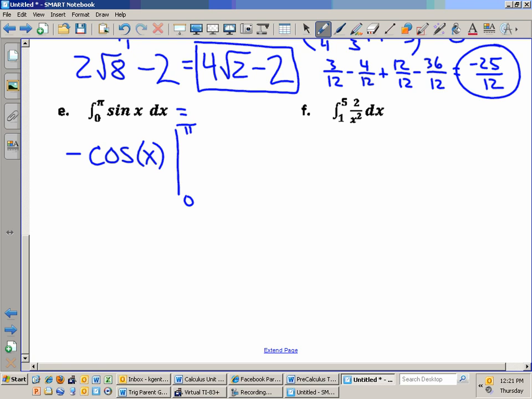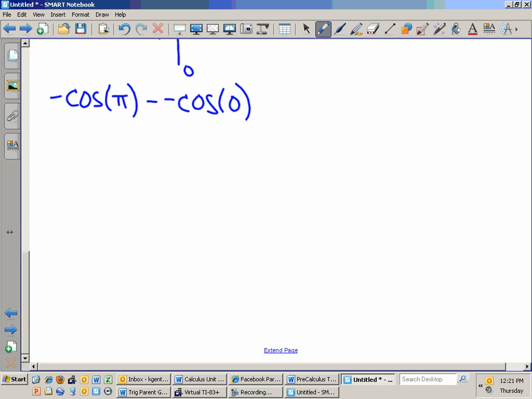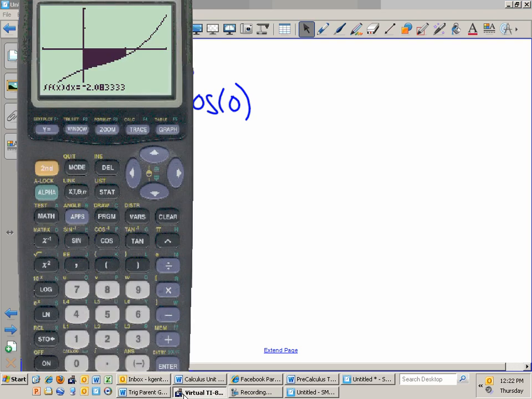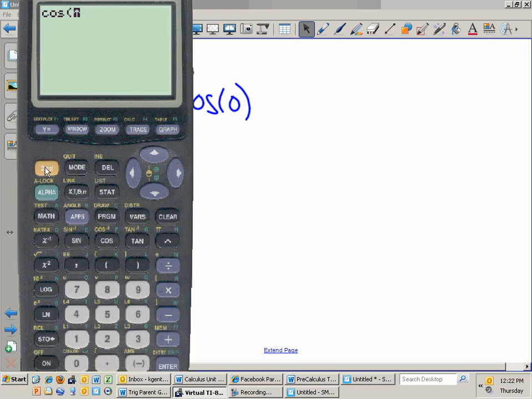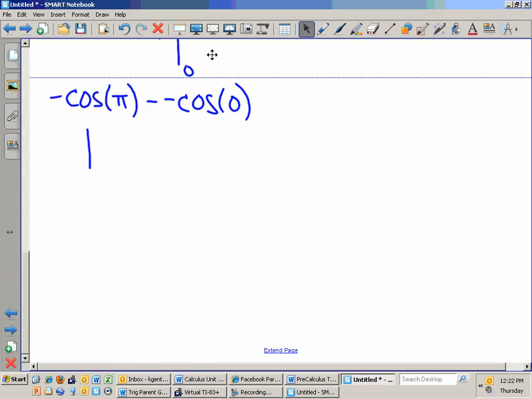So we need to evaluate this now. We go negative cosine of pi minus a negative cosine of 0. Well, what's the cosine of pi? -1. So -(-1) is 1. And if you don't believe me, then you could go to your calculator and make sure that you're working in radians and go cosine of pi, and you get -1.